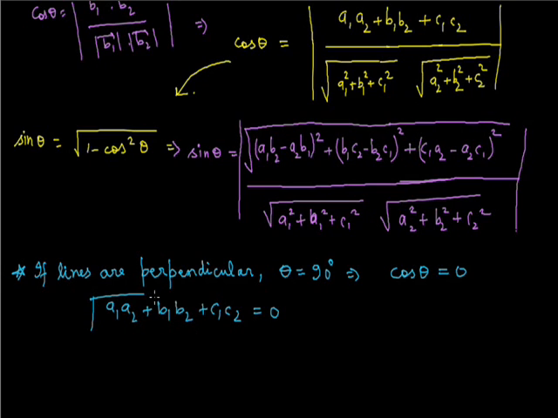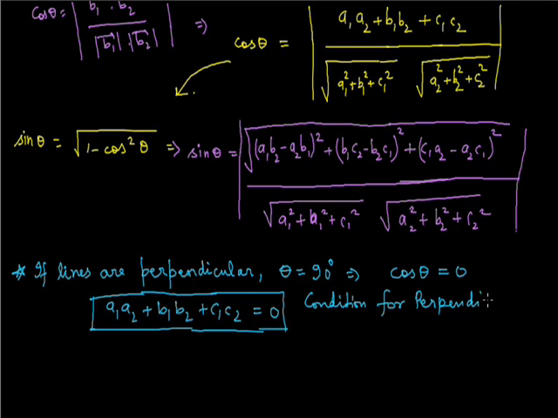So this is the condition which we need to apply when we are given that the lines are perpendicular. a1 a2 plus b1 b2 plus c1 c2 equals 0 is the condition for perpendicularity of the two lines.